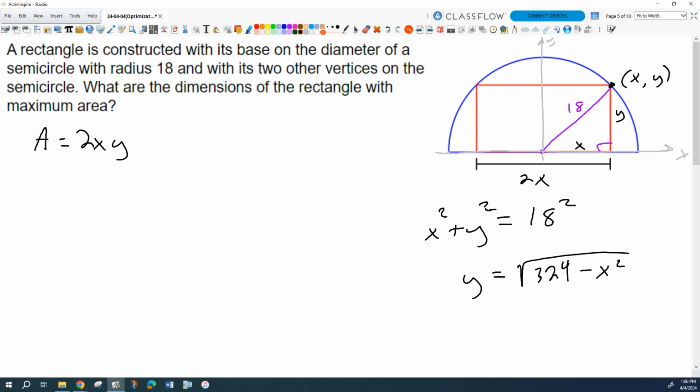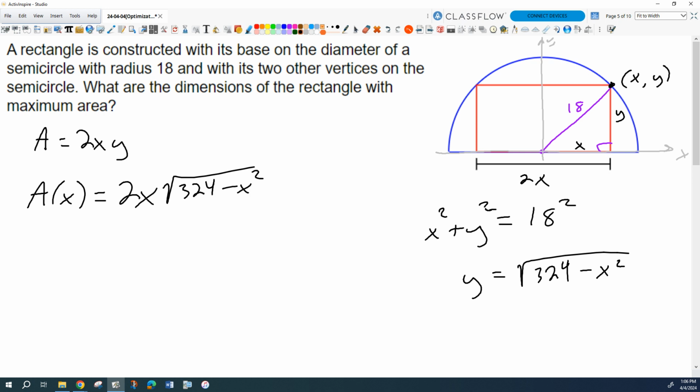So if I make that substitution, then I get area as a function of x equals 2x times the square root of 324 minus x squared. Okay, make sense? Yeah.